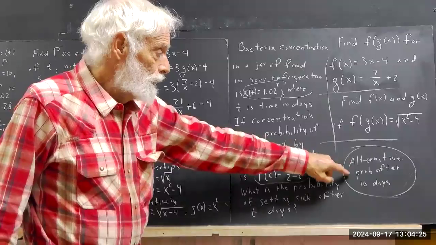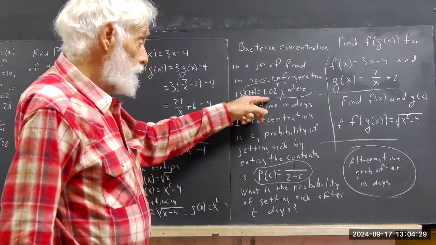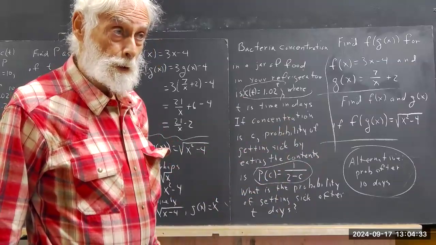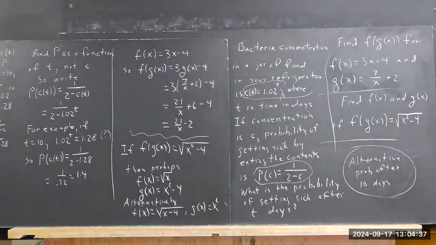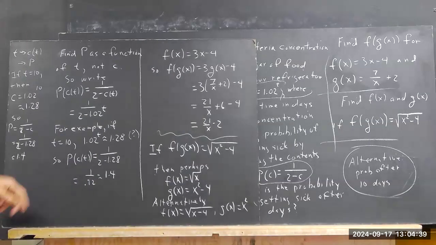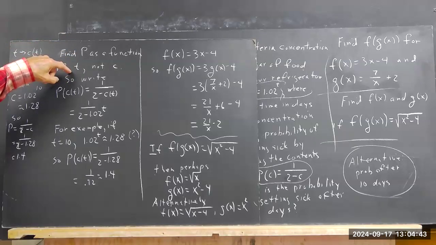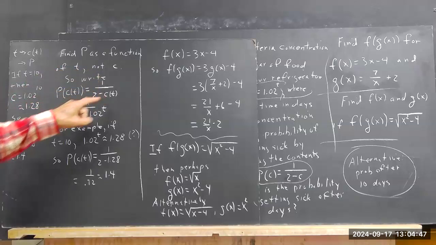Okay. So I said, to get the probability after 10 days, you would just calculate this for t equals 10 and plug the result in here, and you get an answer. It's a little more compact if you find p as a function of t by plugging the expression c of t in.